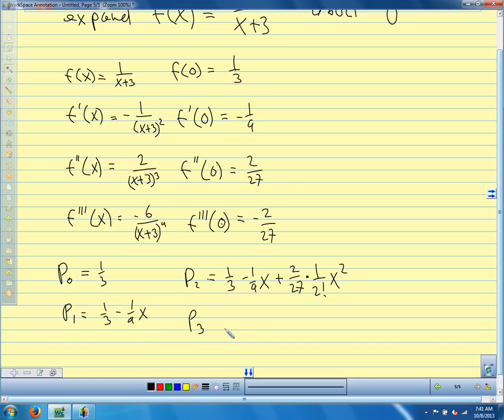And my last polynomial would be all of these terms minus 2/27 times 1 over 3 factorial x to the third.